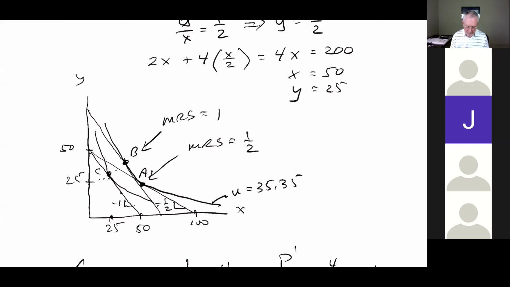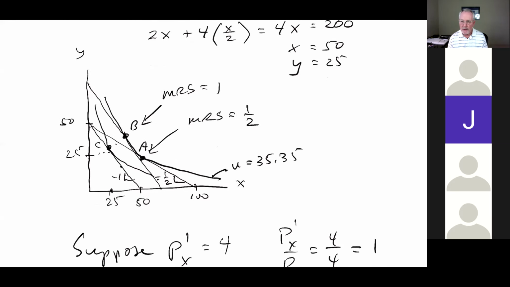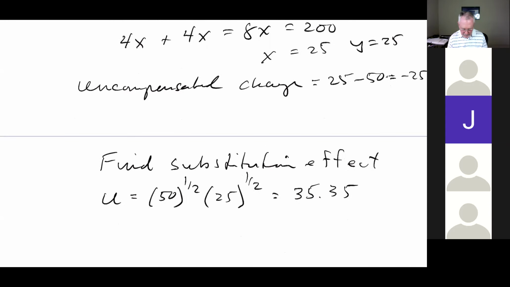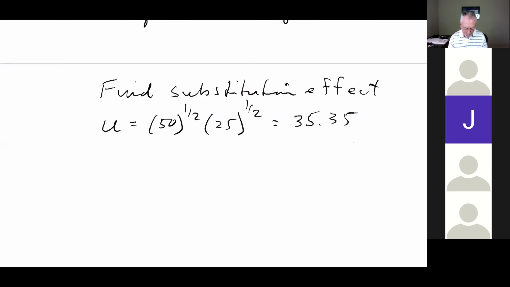I've gone to the new price ratio and found a budget line at the new price ratio that's just tangent to my original or initial indifference curve. So I know that the marginal rate of substitution at point B is going to be equal to 1, because that is the new price ratio, which is 4/4 in our example.